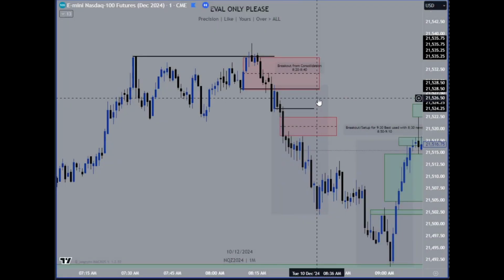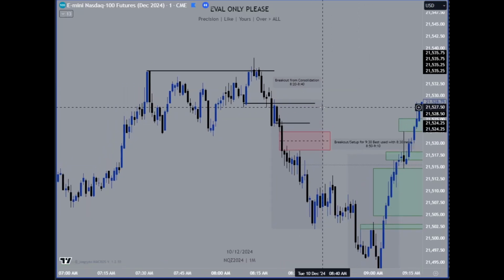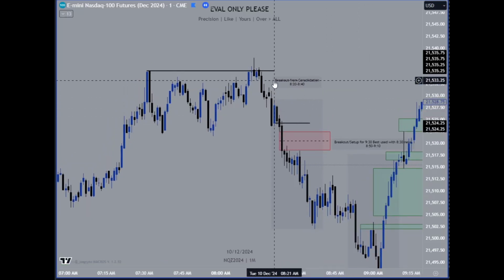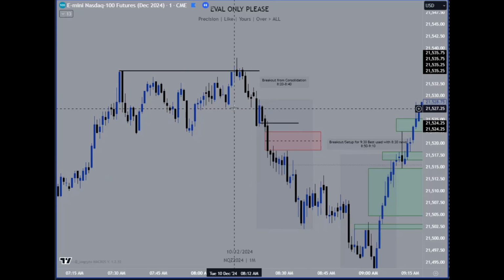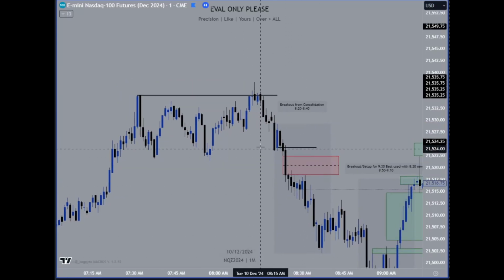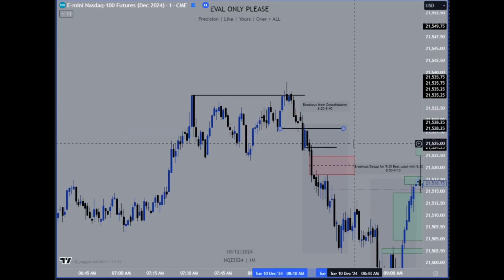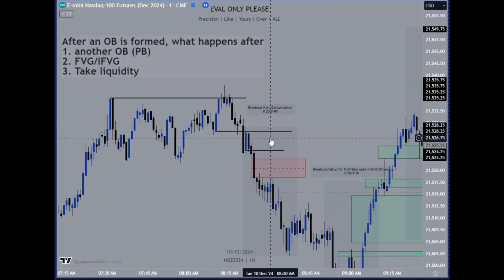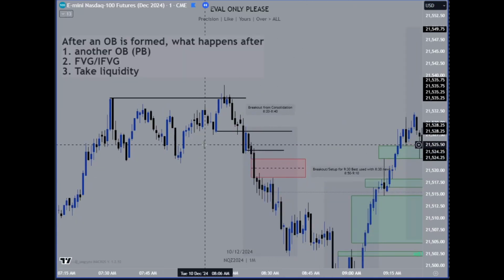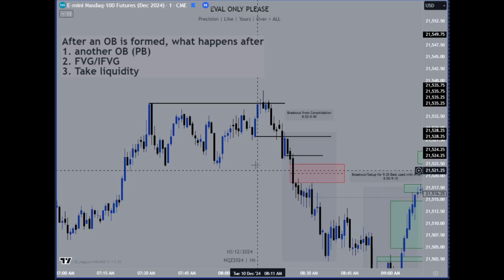So when you have order blocks like this, and if you can spot them in time, you can use them to your advantage, because even if you don't trust the OB, like say you don't trust this, well, now you know that you can expect a fair value gap or an inverse or liquidity to be taken after an OB is formed.